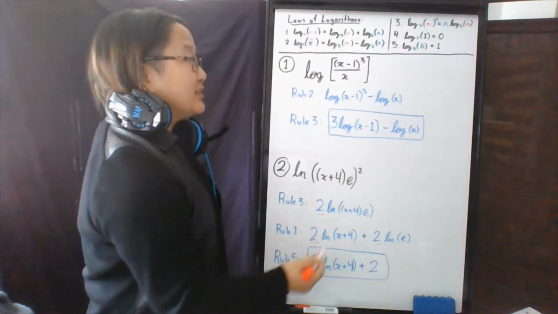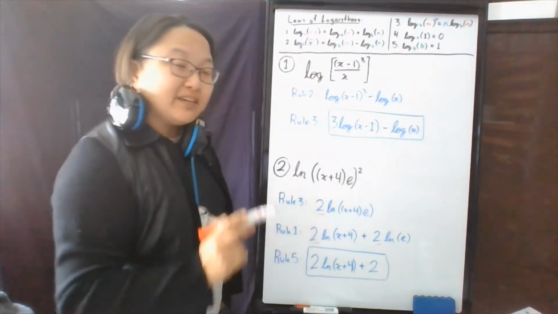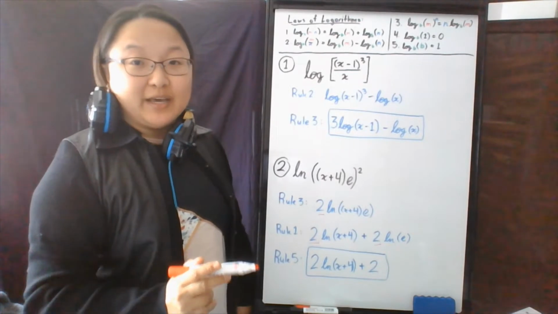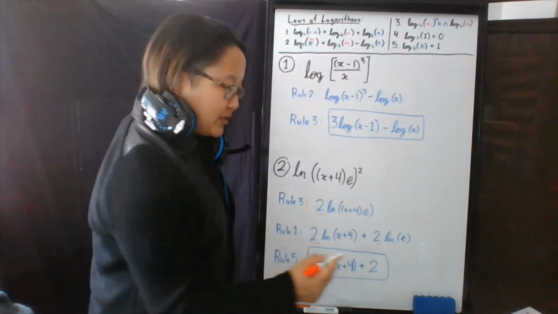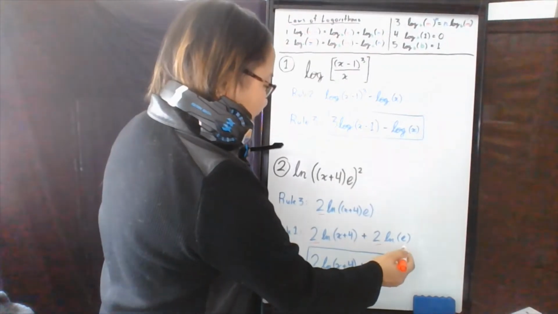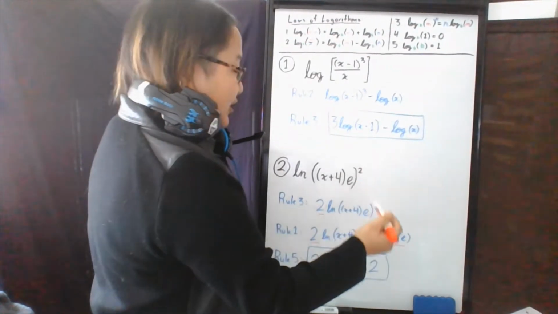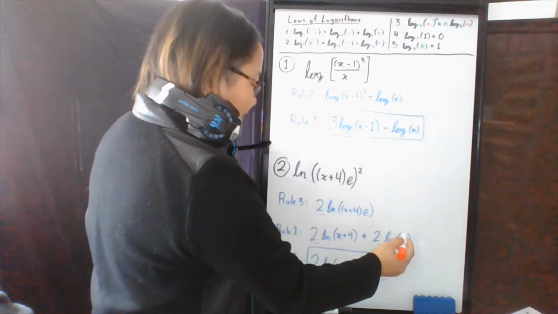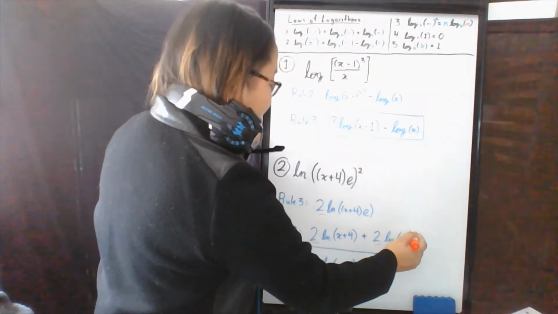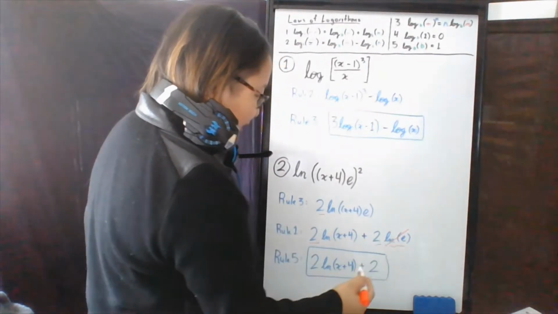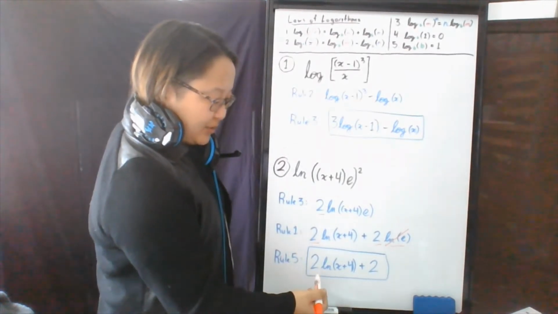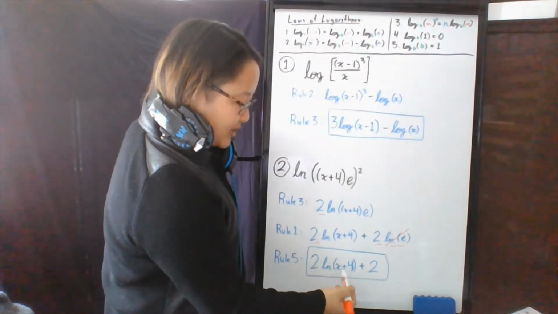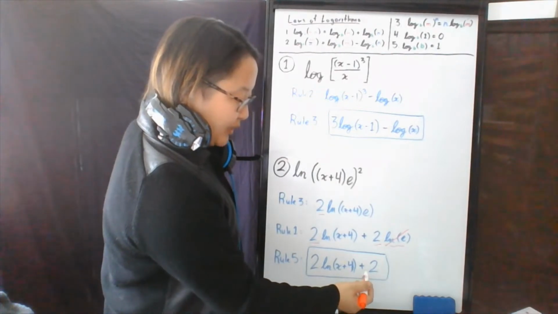The last thing, for rule 5, is to remember that a natural logarithm, an ln, is basically a log base e. So this part right here is log base e of e, and therefore it becomes 1, giving you the final answer of 2 ln of x plus 4 plus 2.